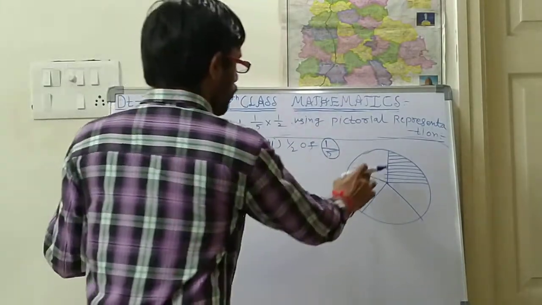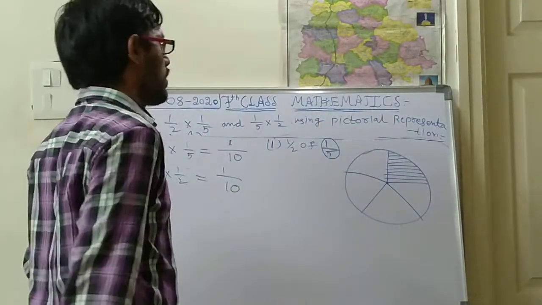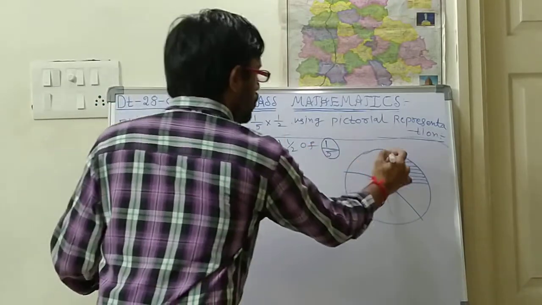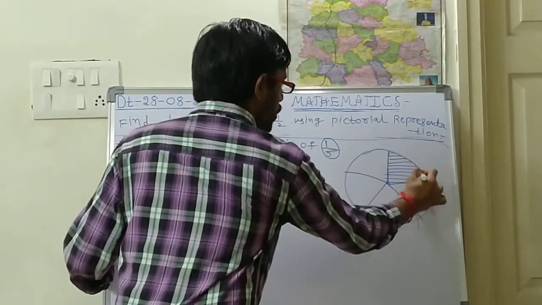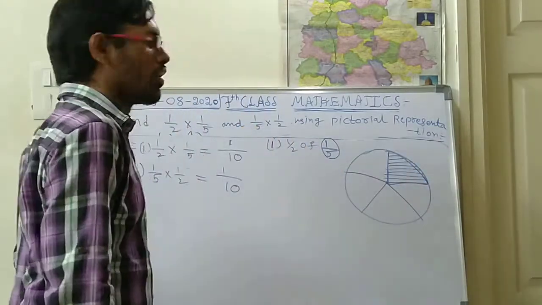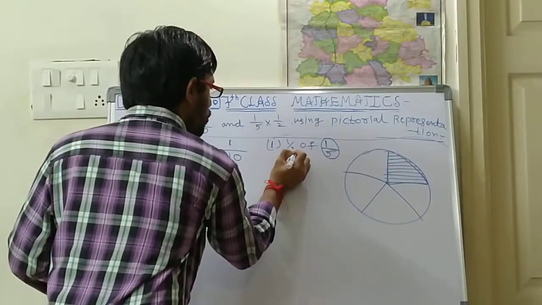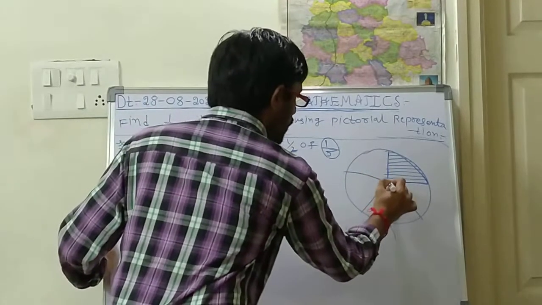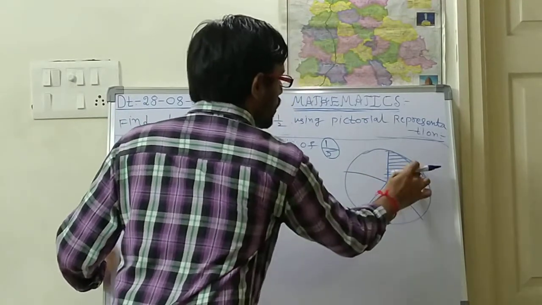Now we shall forget about these parts. Now 1 by 2 of 1 by 5. From this 1 by 5th part you should shade 1 by 2 part. So how many parts should you make for this part? 2 parts. That means again you have to divide into 2 parts.